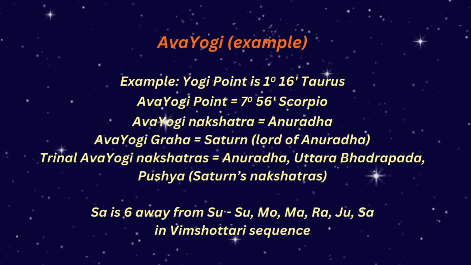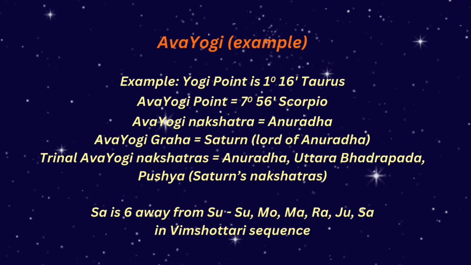This point lies within the Anuradha nakshatra. Anuradha, as per the Vimshottari Dasha system, is ruled by Saturn. Therefore, the Avayogi Graha is Saturn. The trinal Avayogi nakshatras are Anuradha, Uttarabhadrapada, and Pushya, the three nakshatras governed by Saturn.